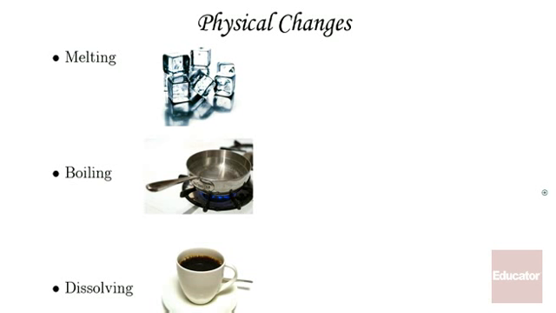Because the reversal is actually the key to understanding a difference between physical change on the one hand and chemical change on the other. A familiar physical change is melting. Here we see some ice that is melting to give liquid water.